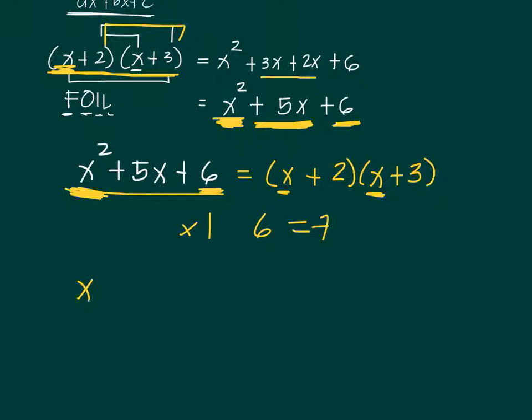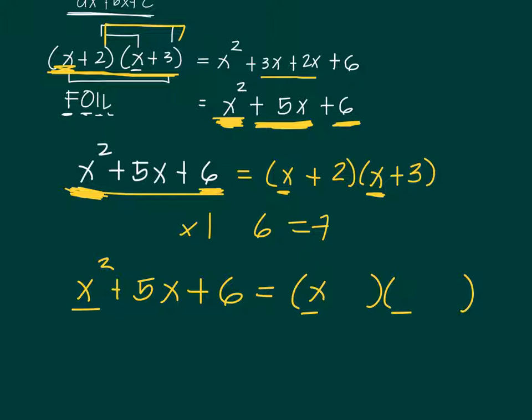Take x squared plus 5x plus 6, and I'll repeat the process. We will have two binomial factors. The first terms come from x squared, x times x. The numbers here will come from 6. So we have to think of two numbers that when multiplied become 6. So we think of 2 and 3, or 6 and 1.